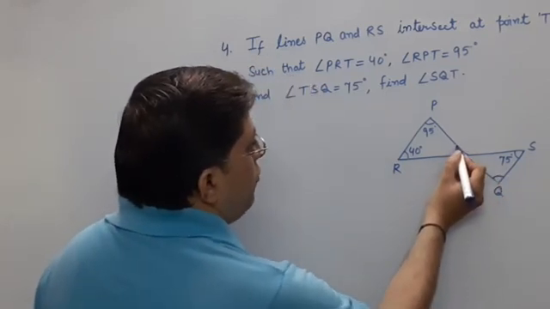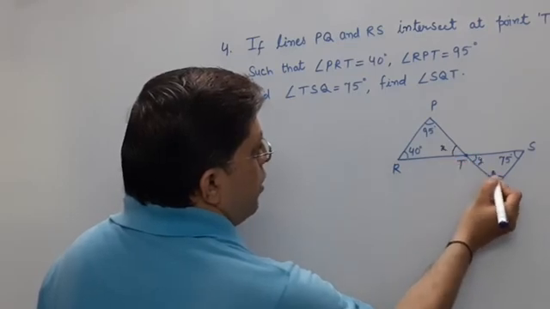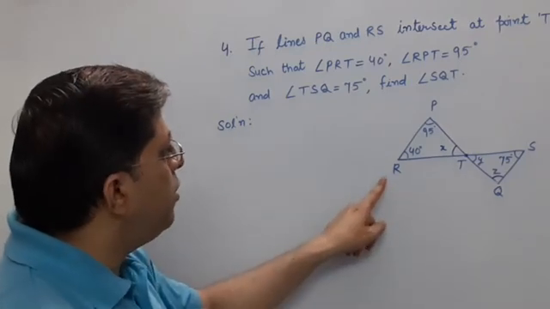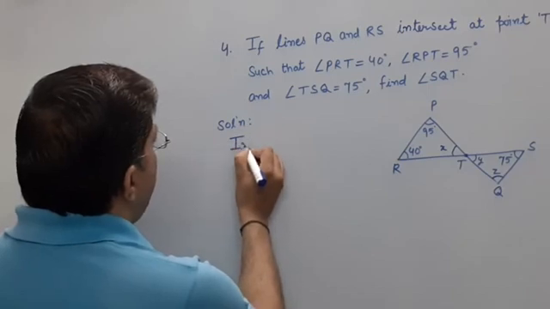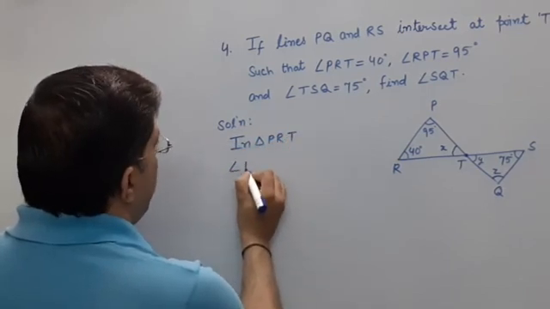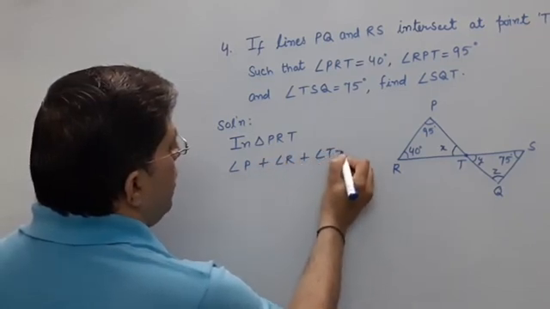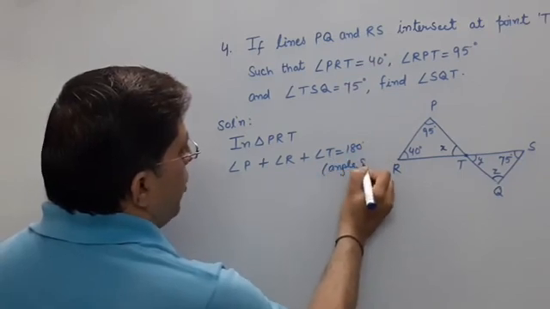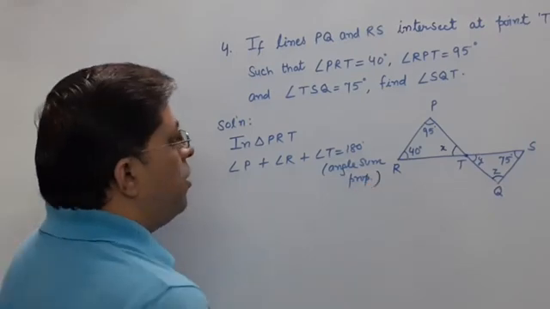For our convenience I am taking here X, here Y, and here Z. Now I am taking one triangle PRT. In triangle PRT, angle P plus angle R plus angle T is 180 degrees. This is the angle sum property for triangles.